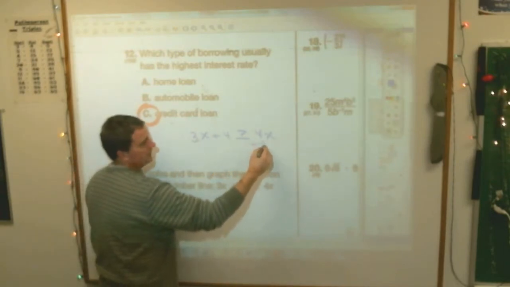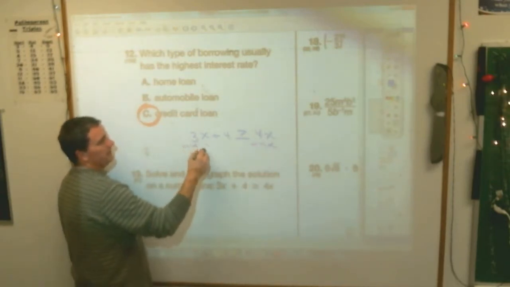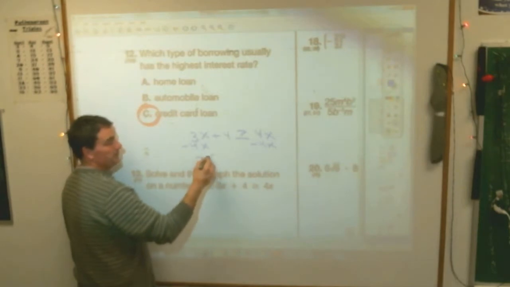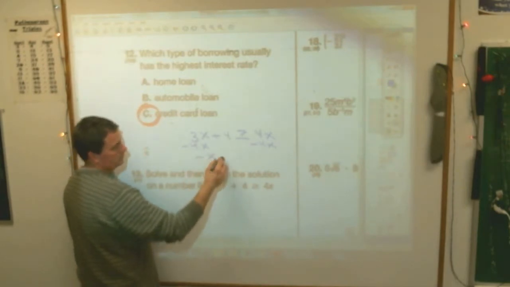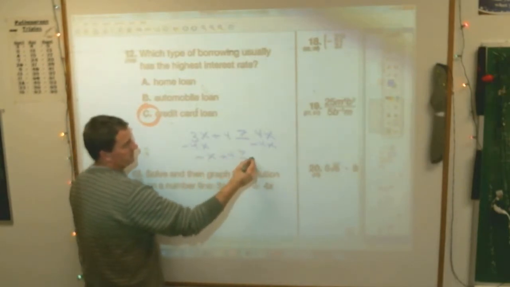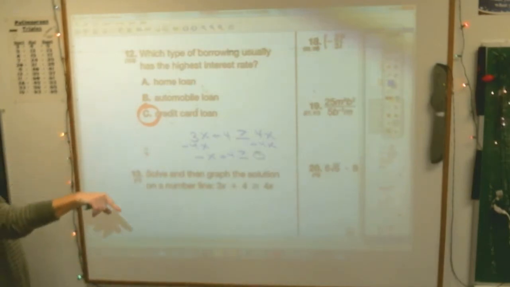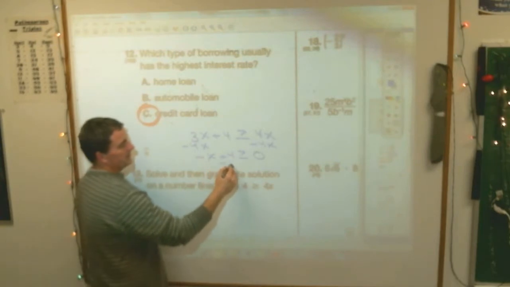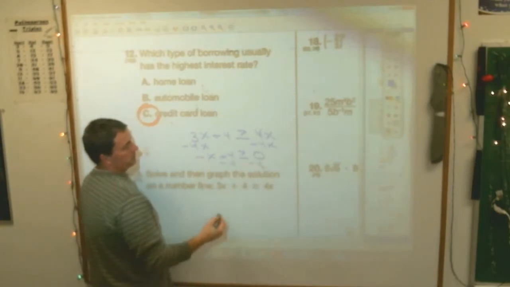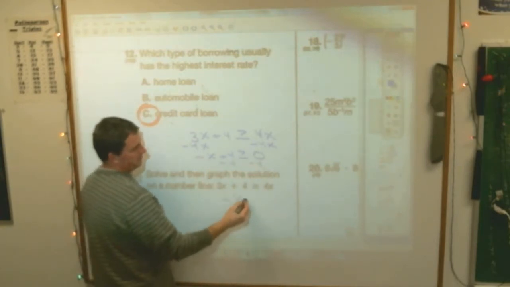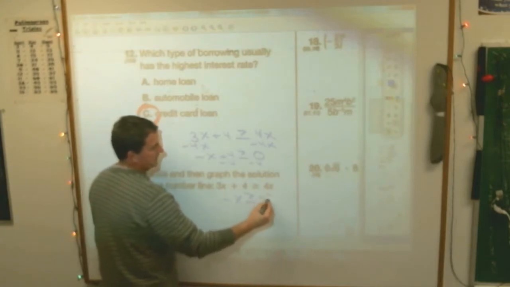I have to subtract 4x to get it over here. If I subtract 4x from 3x, I end up with a negative x, and that is an uh-oh. I need to move the 4 to the other side, so I do that by subtracting it over. So now I end up with a negative x being greater than or equal to a negative 4.